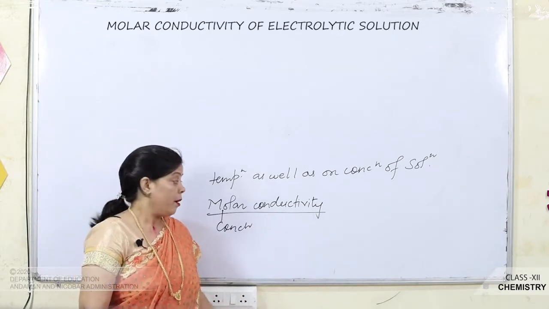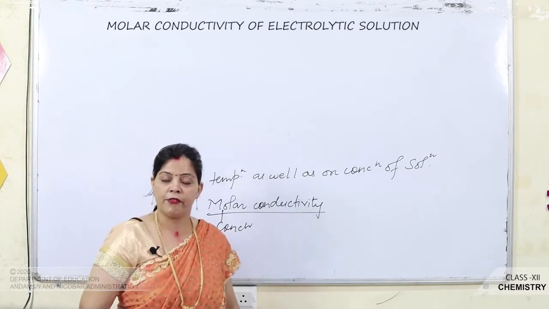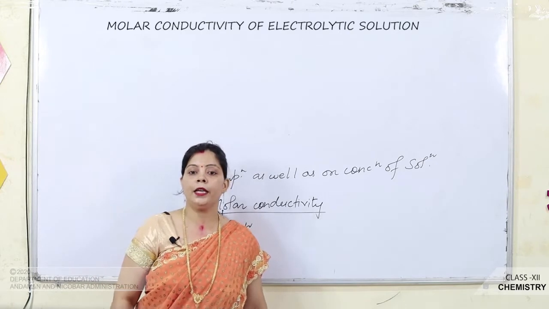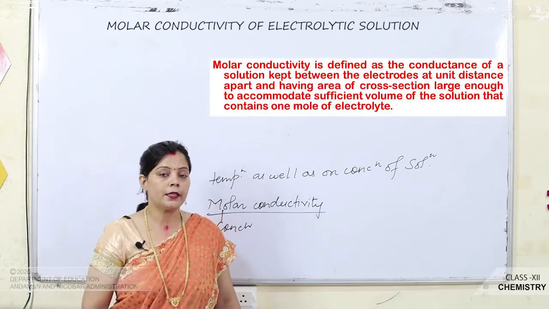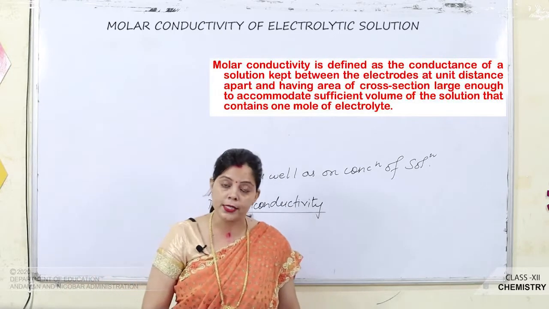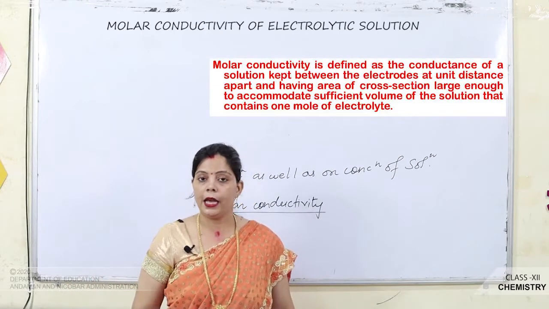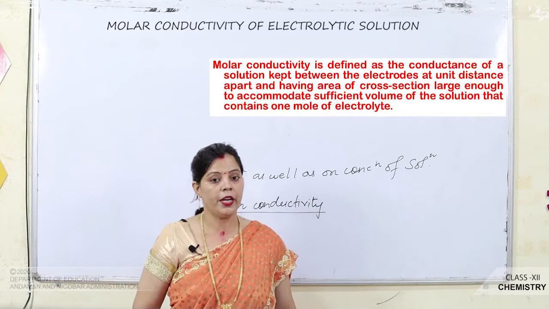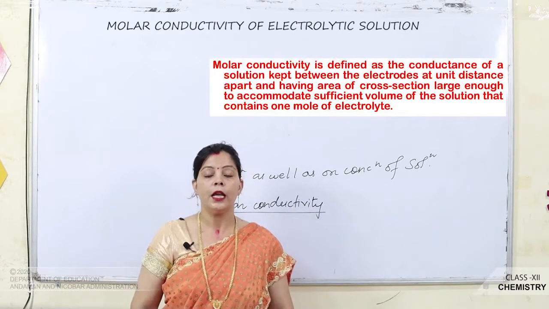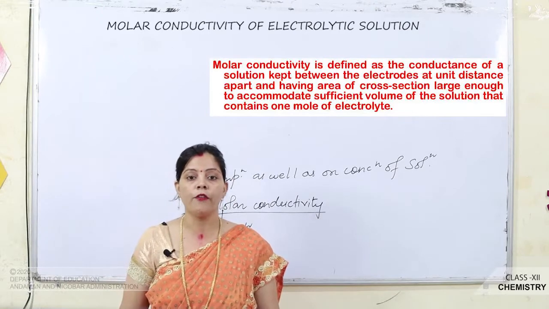So children, based on this we can easily define the molar conductivity. The molar conductivity is defined as the conductance of solution kept in between the electrodes a unit distance apart, having the area of cross section large enough to accommodate sufficient volume of the solution that contains 1 mole of electrolyte.